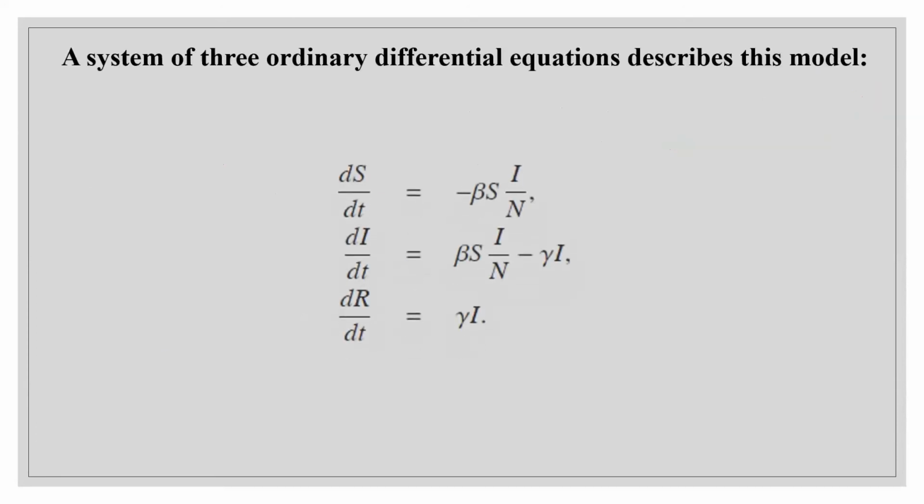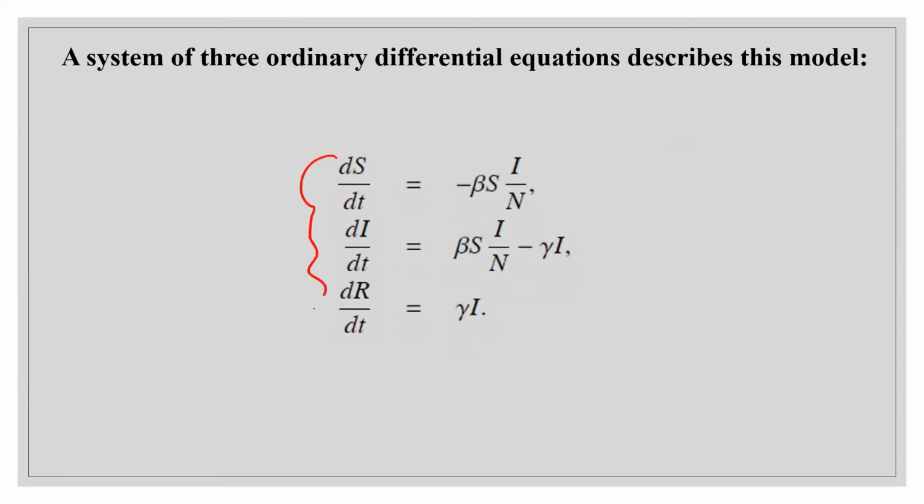With this, they designed this epidemic model, where you can see there is a minus sign, because the susceptible and infected are interacting and taking susceptibles from their class to the infected class.